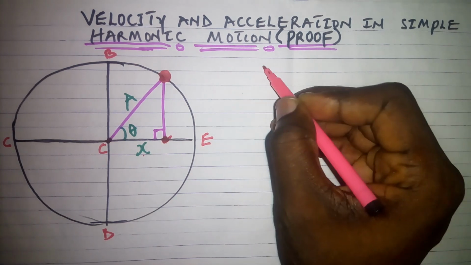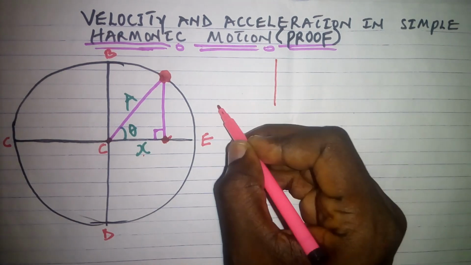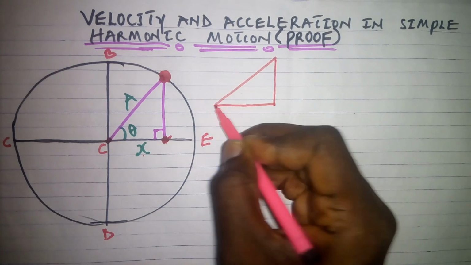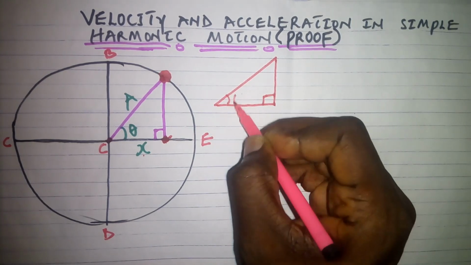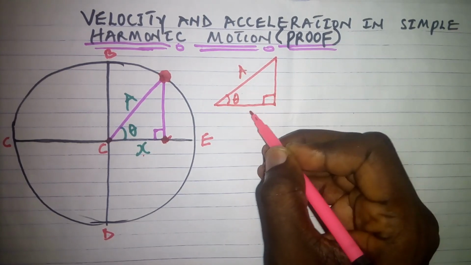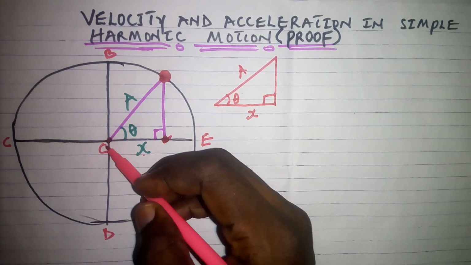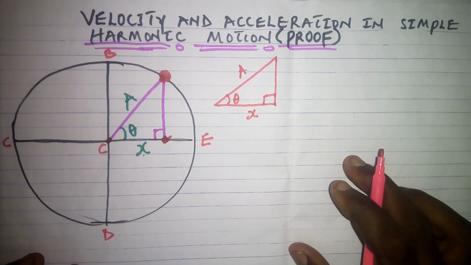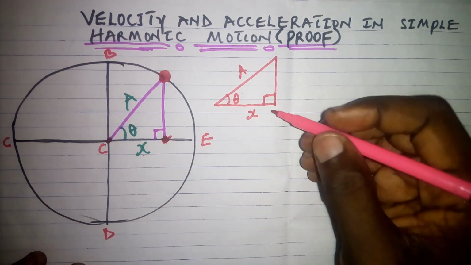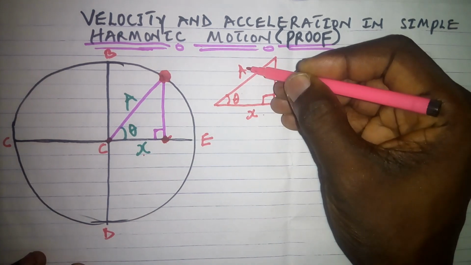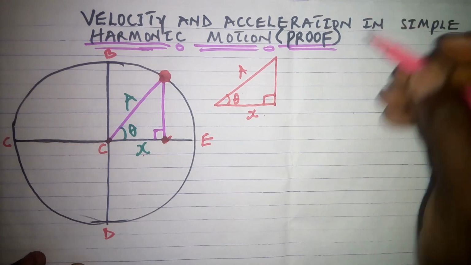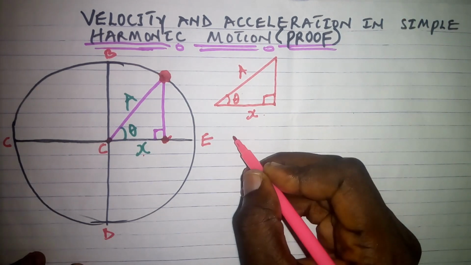So bringing out the right angle triangle, I have it this way, and of course I have my theta, and I have my amplitude, and I have my x. The x is my displacement from the center, from the central position. So using SOHCAHTOA, I know I have my adjacent and I have my hypotenuse, and from SOHCAHTOA, adjacent over hypotenuse leads me to use cos.